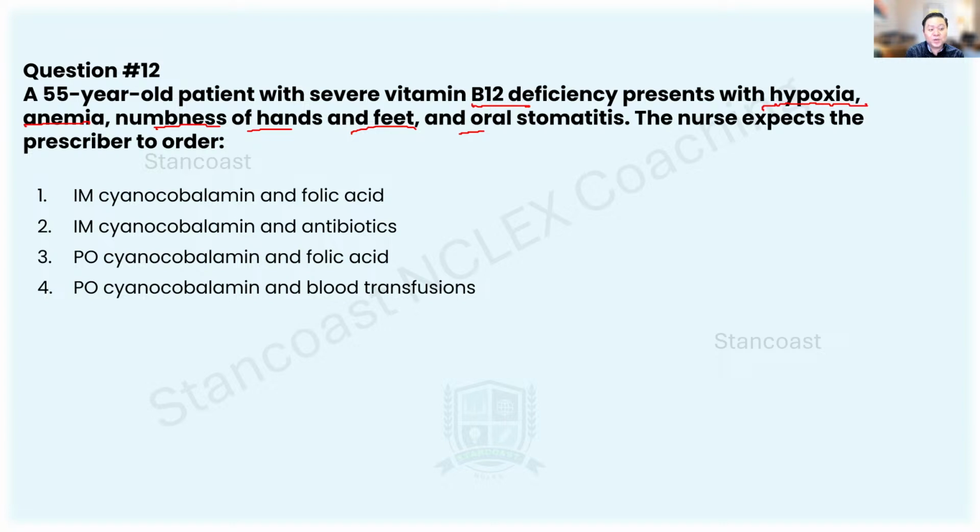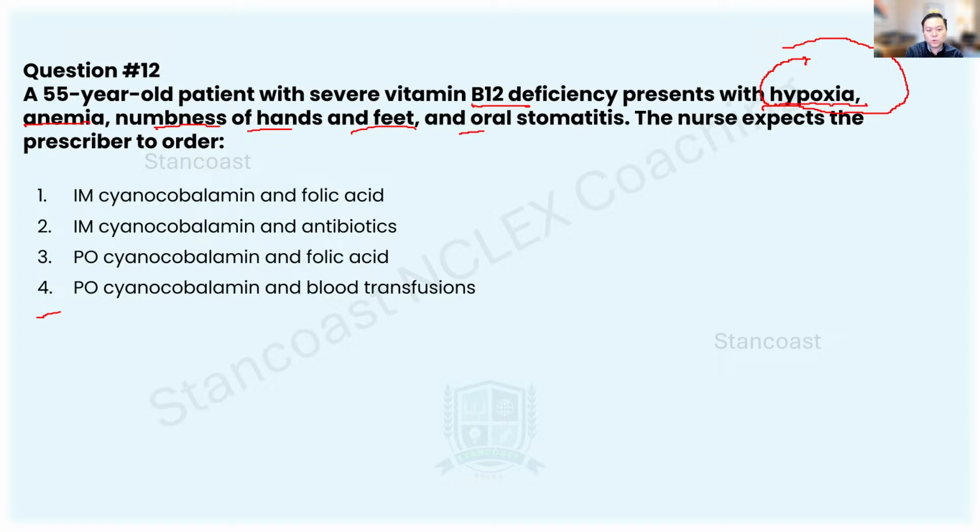If I am going to answer this myself, I would actually answer number 4, which is the correct answer, because there is already the hypoxia. This is already a compromise in the oxygenation. There is now probably a hemodynamic instability. So when there is already the occurrence wherein the body will be severely needing that oxygen, which is basically the hypoxia, you've got to treat that one.